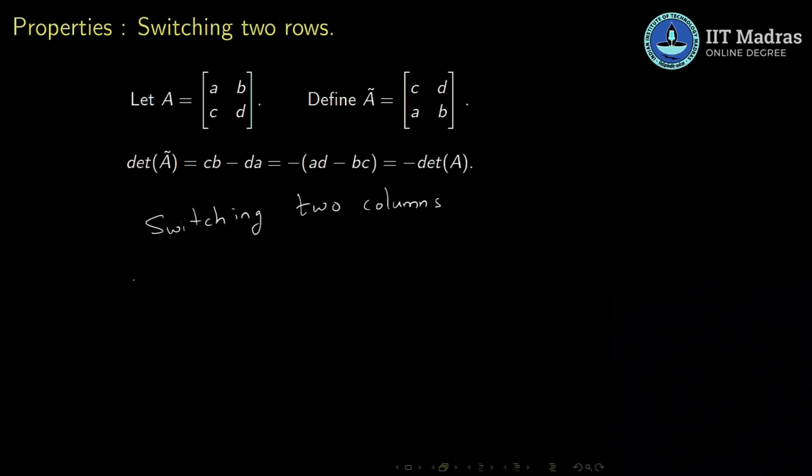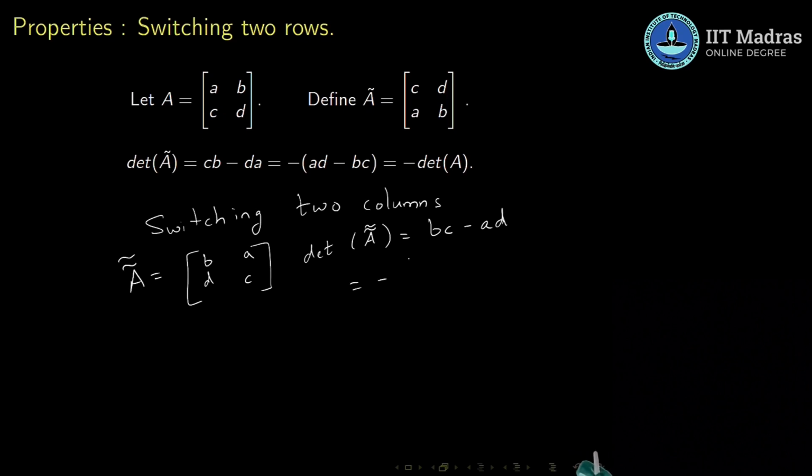So, when we switch two columns, let us call it maybe A tilde tilde. So, let us take the same matrix A and switch these two columns. So, we get B D A C, and what is its determinant? So, its determinant is B C minus A D. Yes, and I think you can identify this expression.